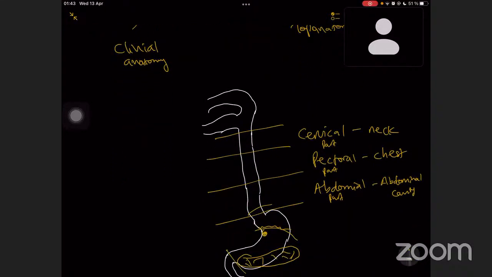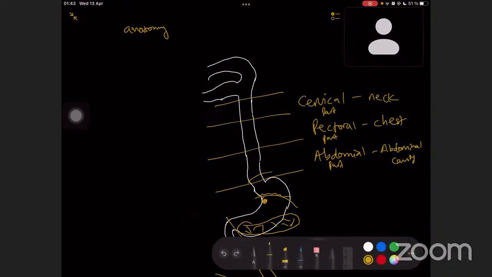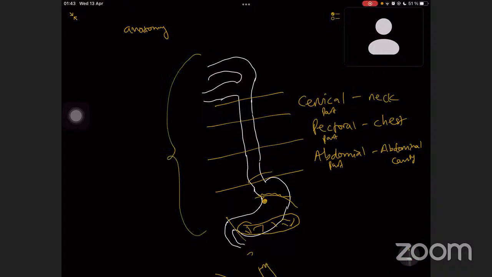For example, an oncologist would have to know the topographic anatomy of the esophagus, as you have the gastrointestinal tract right here. We have a GIT here. So for an oncologist, the topographic anatomy of the esophagus will be of special interest.